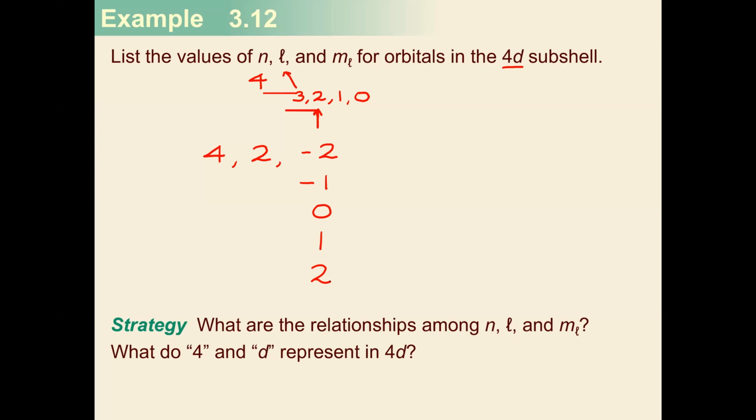So if on an exam, I were to ask you to give me one set, if you gave me 4, 2, -1, that would be a correct answer. If you gave me 4, 2, 1, that'd be a correct answer. Any one of these 5 answers would be correct. If you gave me anything else, you would be describing a different subshell.